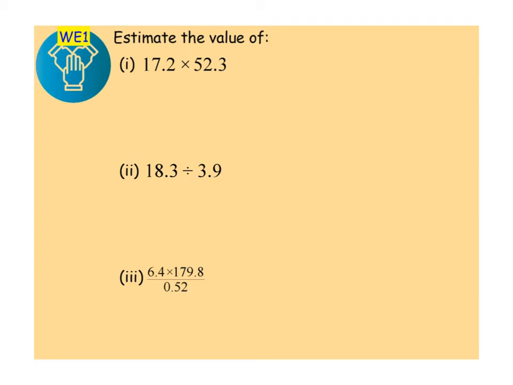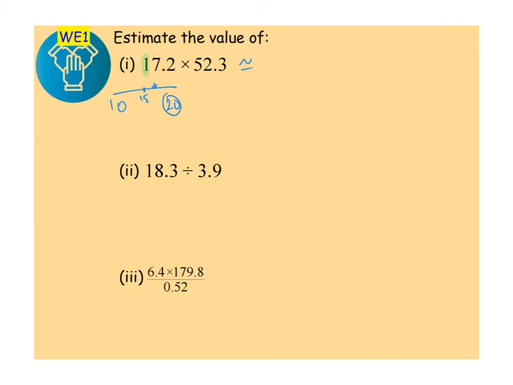So I'm going to start off by saying that 17.2 multiplied by 52.3. For my first number, I've got a number line that goes from 10 to 20, because my first significant figure is 1. And 17.2 is bigger than the halfway mark, it's about here, so I'm going to use 20.